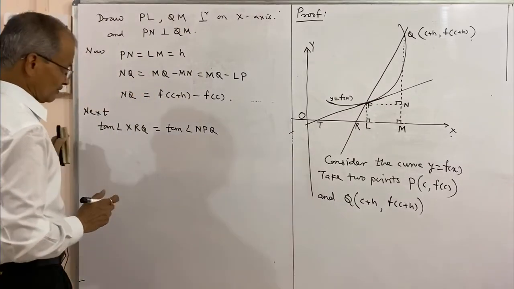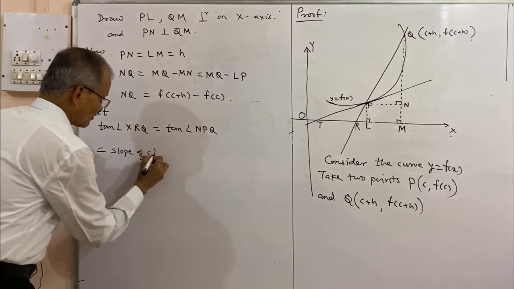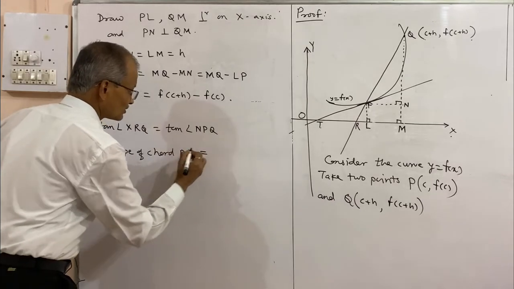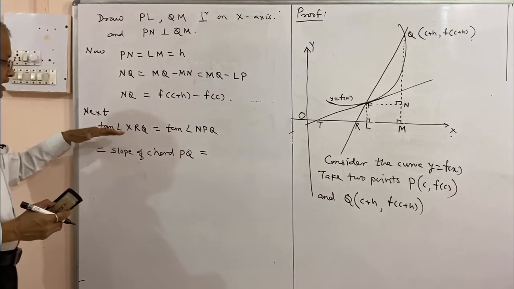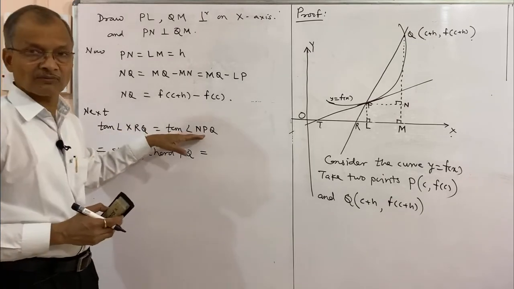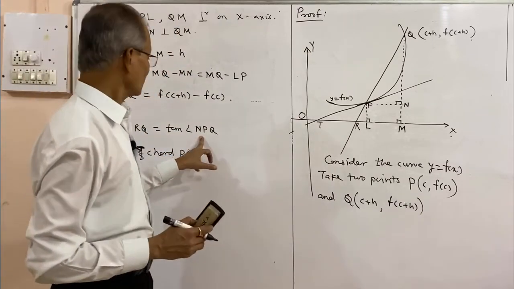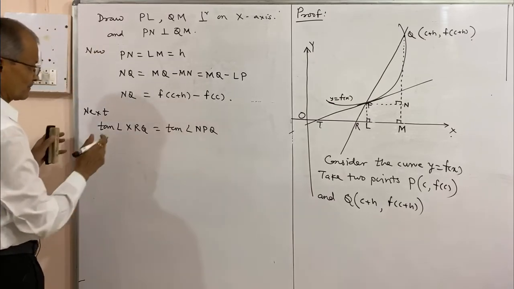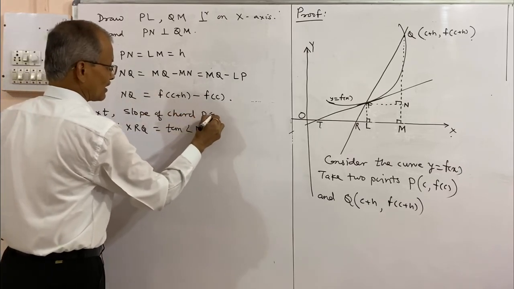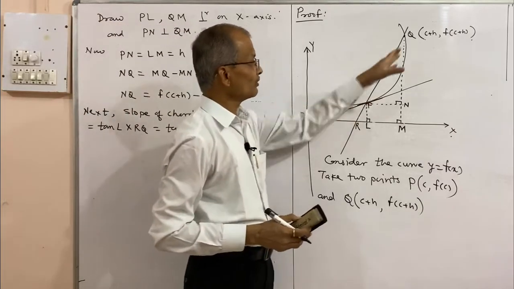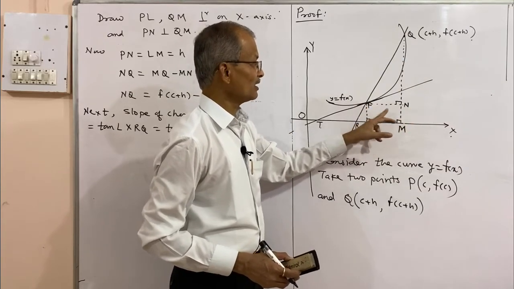So slope of chord PQ is tangent of angle XRQ, which is same as tangent of angle NPQ.